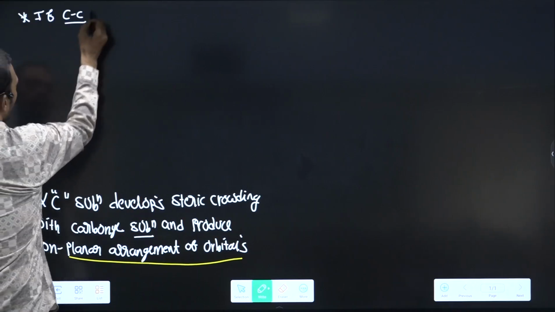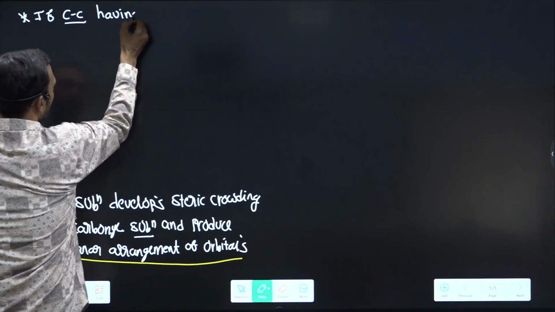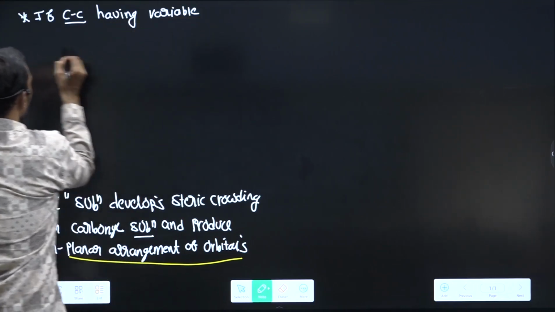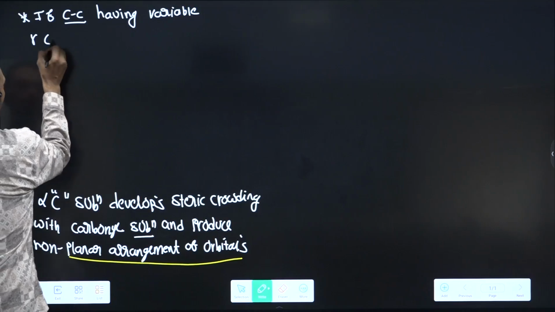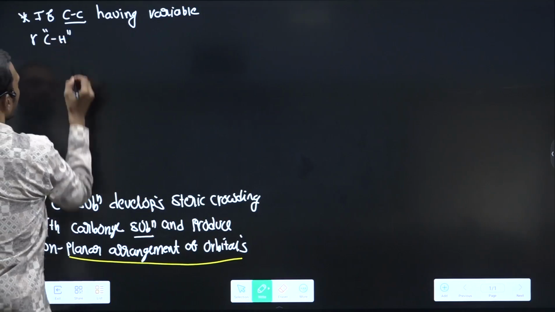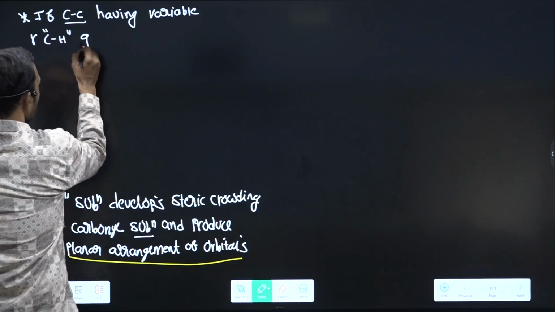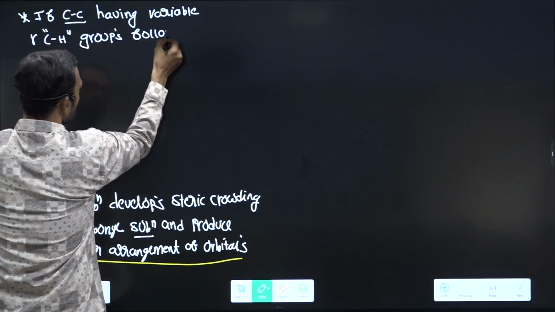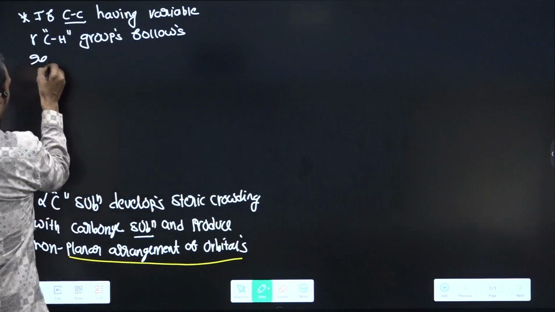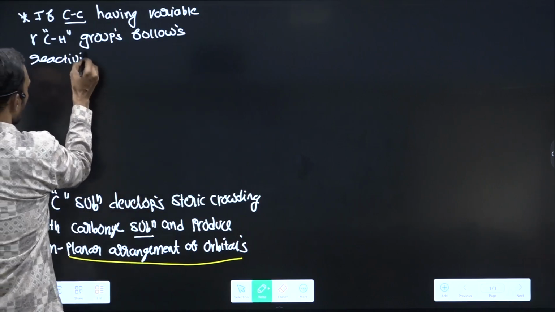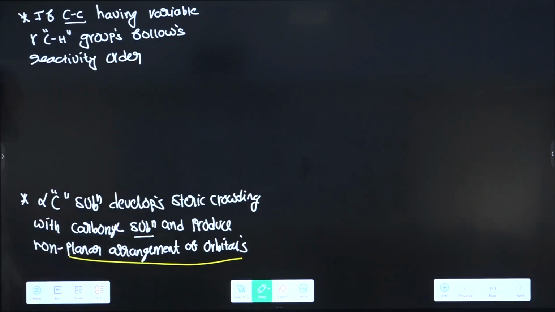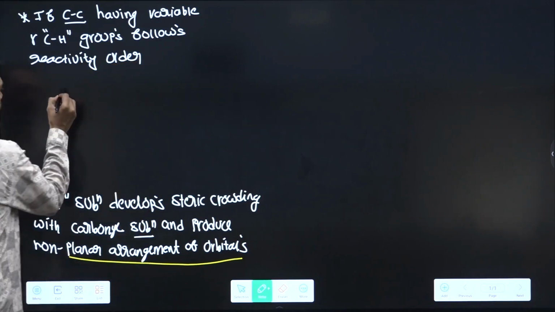See, if a carbonyl compound has variable gamma CH groups, it will follow a reactivity order. If variable gamma carbons are present, it will follow the reactivity order.